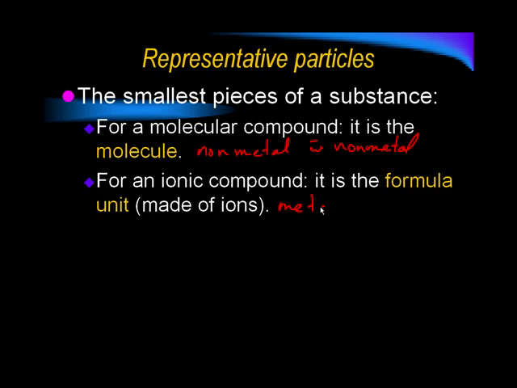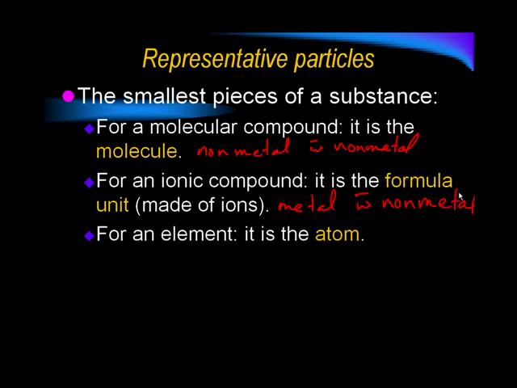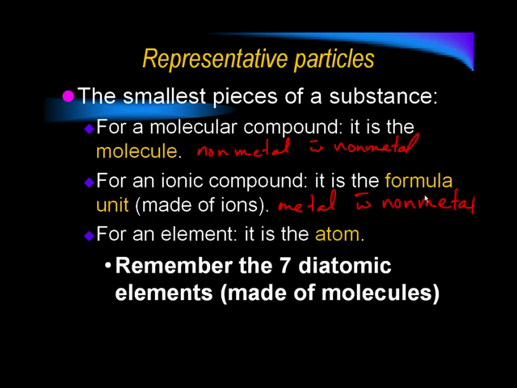Remember, an ionic compound is a metal with a nonmetal. And then for an element, it is the atom.